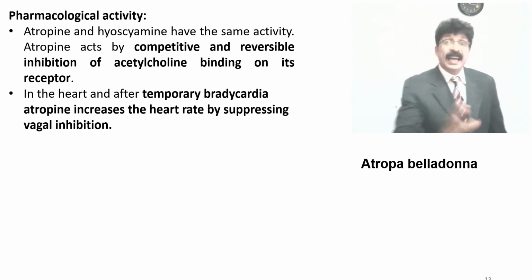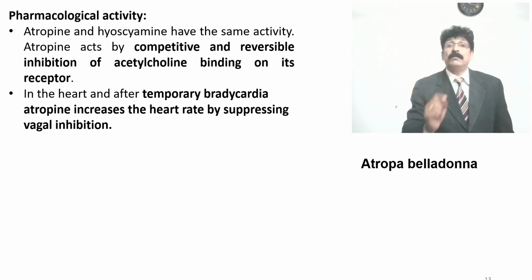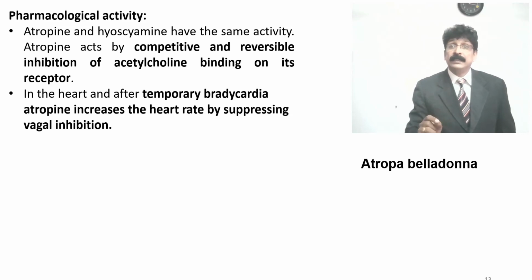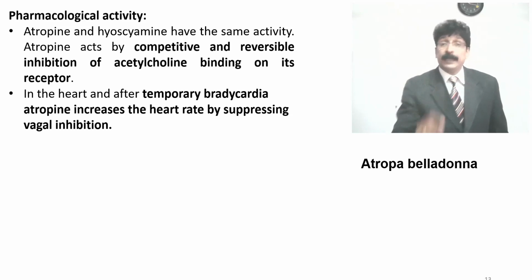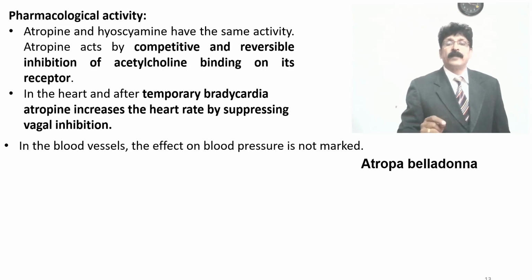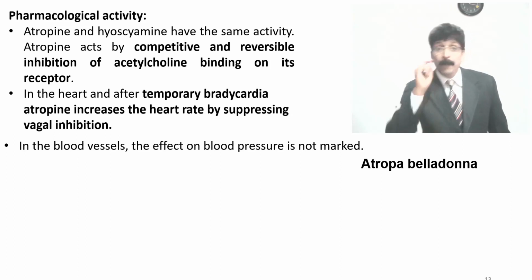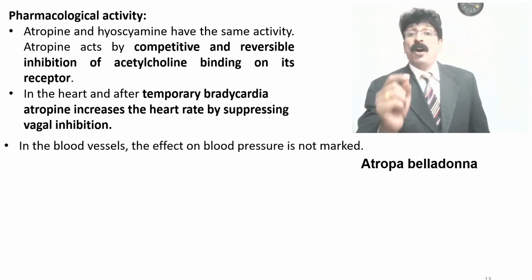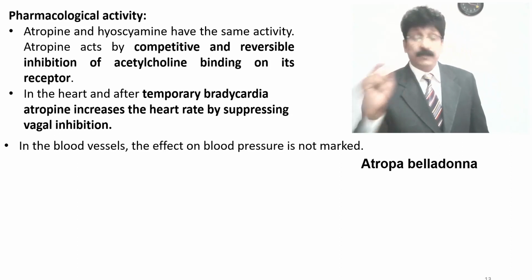There you can even give some support by this medicine. Atropine increases the heart rate by suppressing vagal inhibition. In the blood vessels, the effect on blood pressure is not very marked.